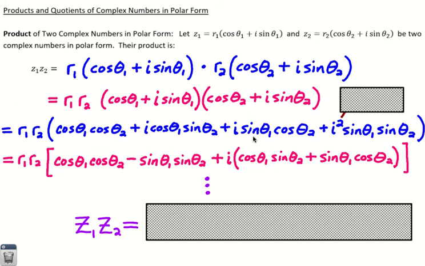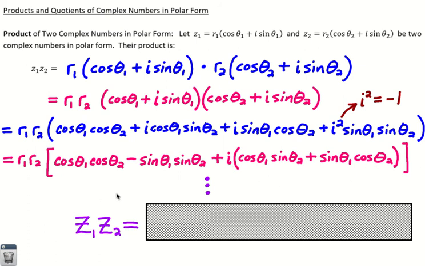So what I did here was group the i's together, and notice that i squared is equal to -1, if you remember that from Algebra 2. Remembering that i is the square root of -1, if you do i squared, you just get -1. So realizing that, and then putting these two together and factoring out an i, I get myself here.